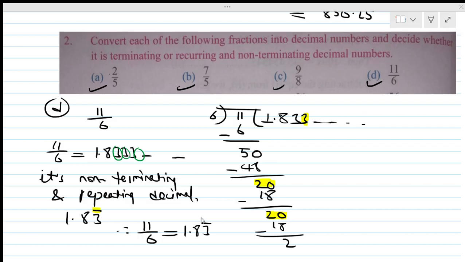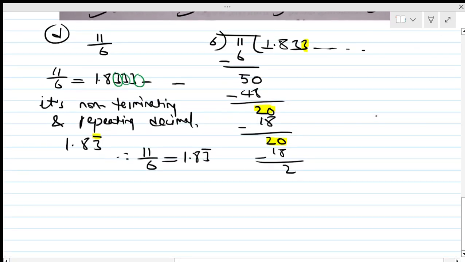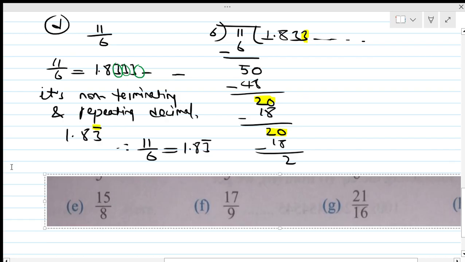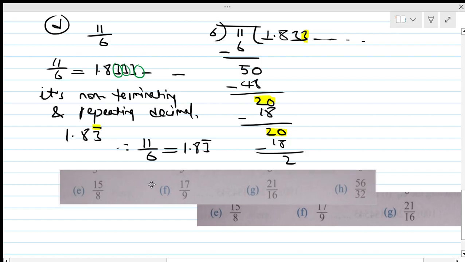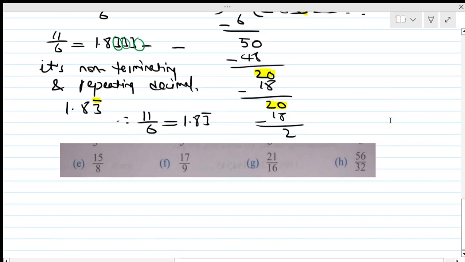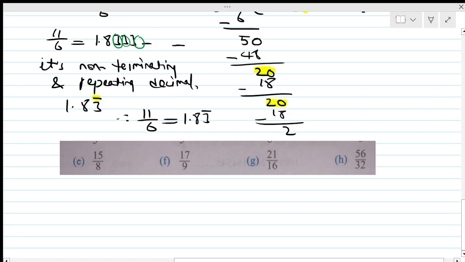Okay, so now I go with another one. I go with another line from E to S now. So in number E, E has a denominator 8, which is 2 into 2 into 2.